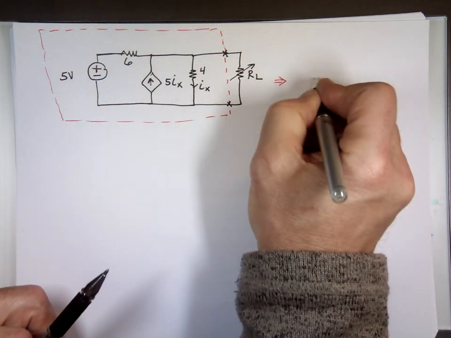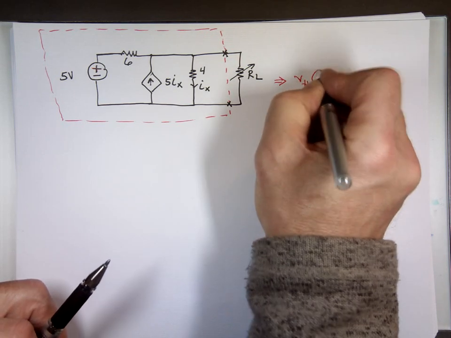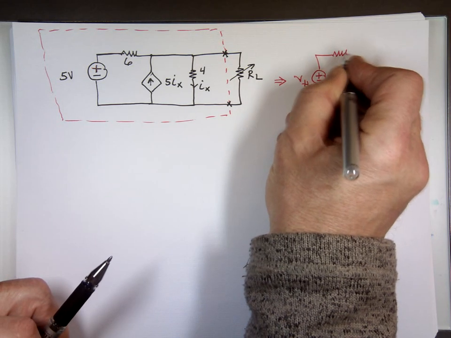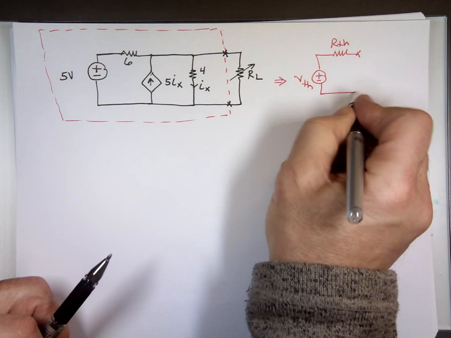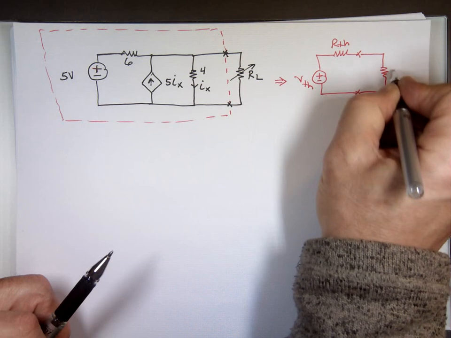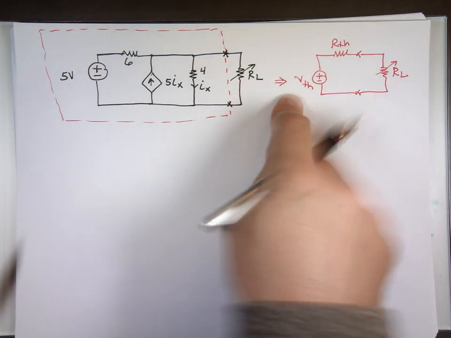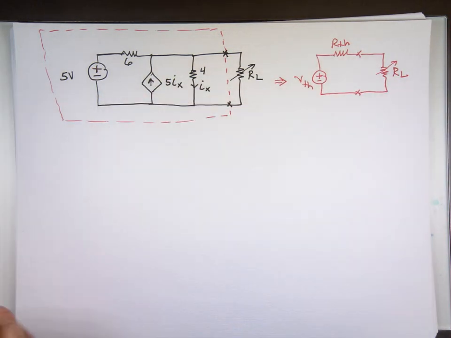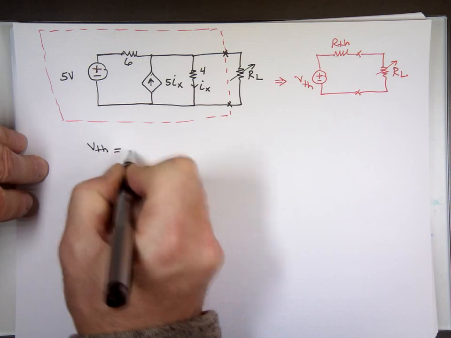It is going to have a value of voltage here called V Thevenin, and a resistor in series with it called R Thevenin. And this is my R sub L. So once I know R Thevenin and V Thevenin, these two circuits will be equal to each other. Again, let's start by finding V Thevenin. V Thevenin is actually V open circuit.